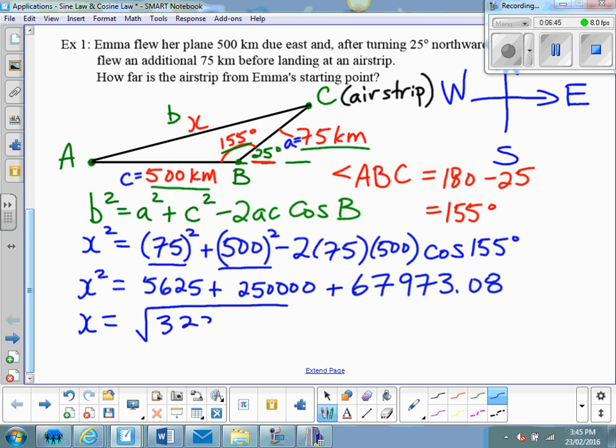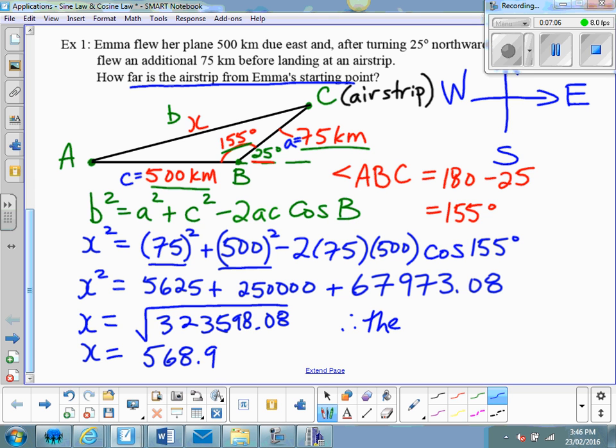So 323,598.08. And when I take the square root of that, I get 568.9. So to answer the question, how far is the airstrip from Emma's starting point?